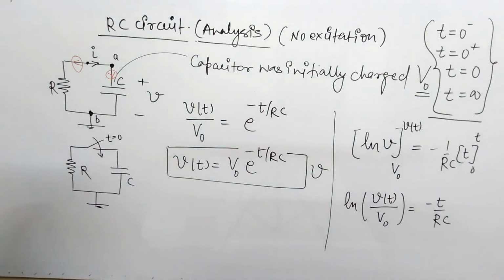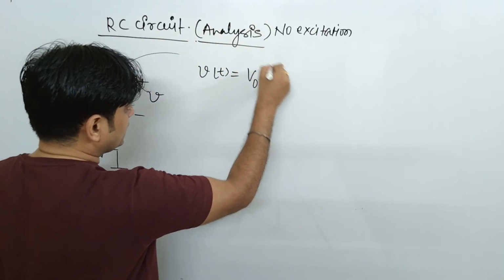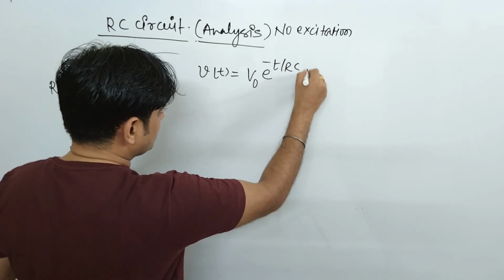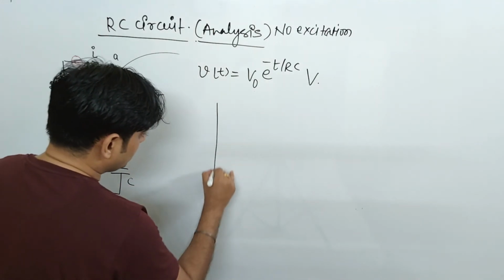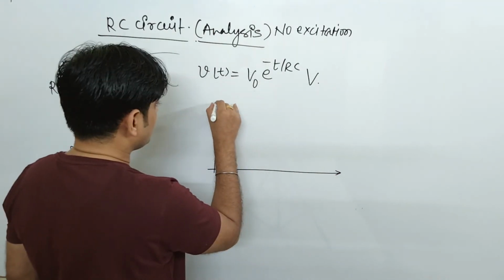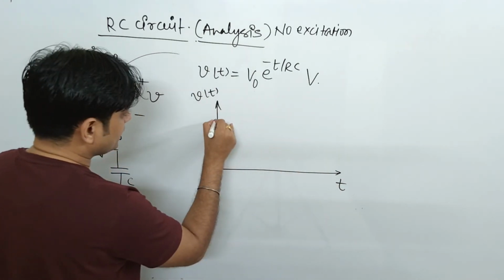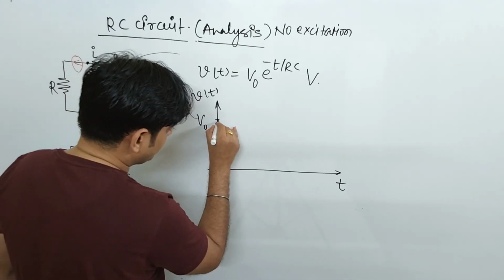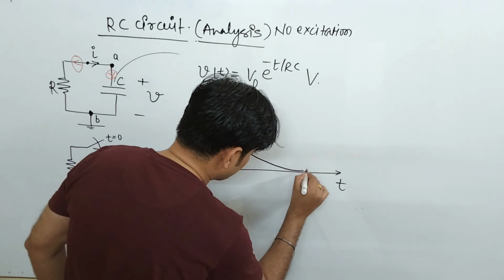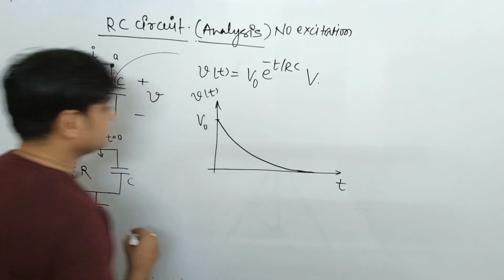This is just a mathematical expression, so it is not that difficult. Now we will analyze what this expression actually says. Here Vt is V0 e to the power minus t by RC, in volts. If I draw this diagram, this is your Vt with respect to time t, and this level is V0. This is the exponential decay.